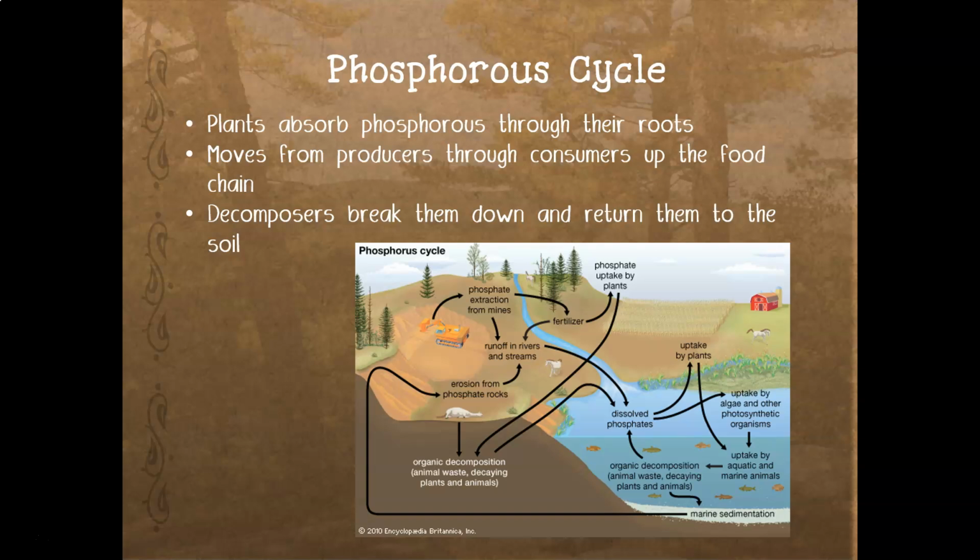Once those living things then die, the decomposers, bacteria, fungi, and that sort of thing in the soil will then break down those organisms, partly breaking down those phosphorus containing compounds as well, and return them back to the soil. That can then either get retaken back up by plants nearby or can end up into soil samples and water samples and get washed off into our aquatic ecosystems and then ultimately into our marine ecosystems, which is where most of the geologic cycling is going to occur.